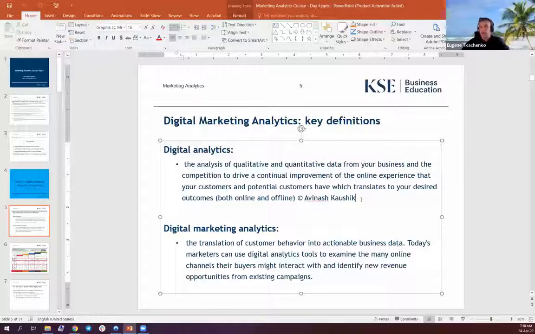Today's marketers can use digital analytic tools to examine many of the channels that your buyers or customers are interacting with, and identify new revenue opportunities coming either from new campaigns or from advanced techniques like customer segmentation, then the brainstorming of ideas for new strategies, then tactical execution of those strategies, and therefore tactical and channel optimization.